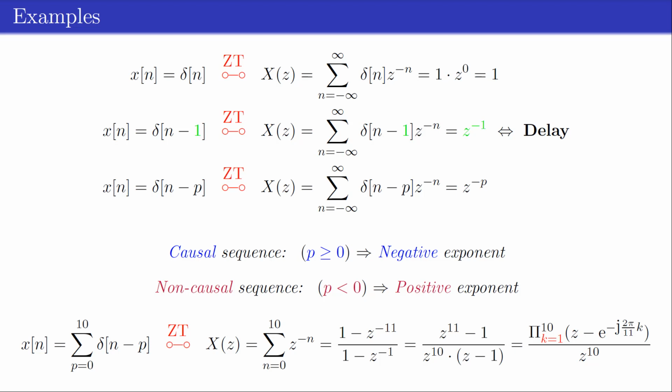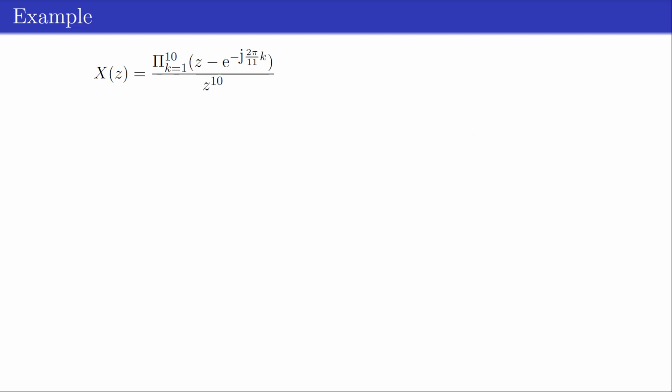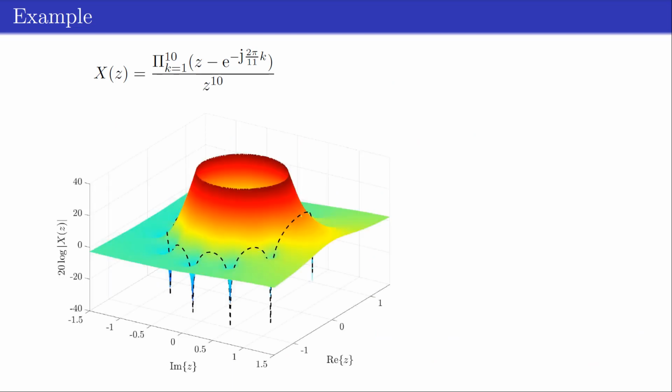A three-dimensional plot of this function in the complex z domain is given in the figure. The figure represents the 20 log of X(z). From the denominator z to the power 10, it is clear that for z is 0, the function becomes infinite. This tenfold root of the denominator is referred to as the tenfold pole of X(z).